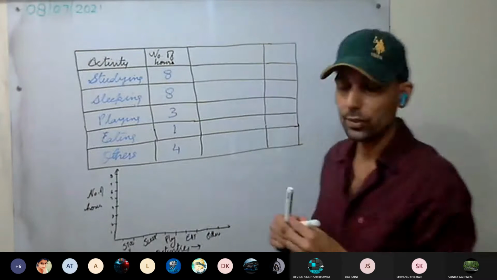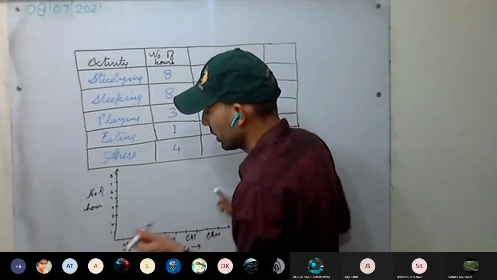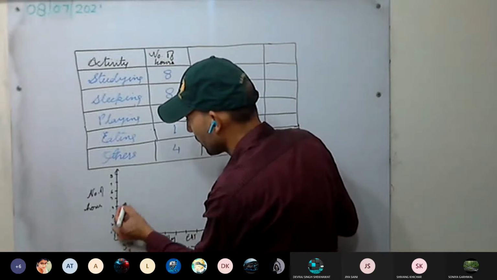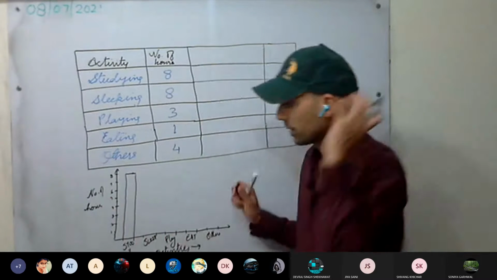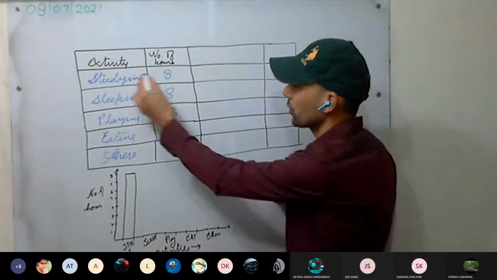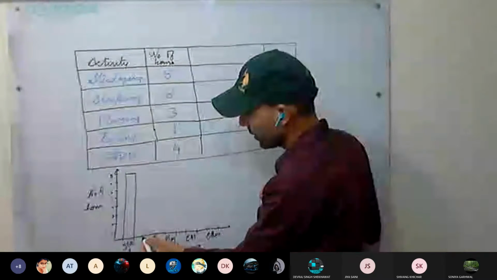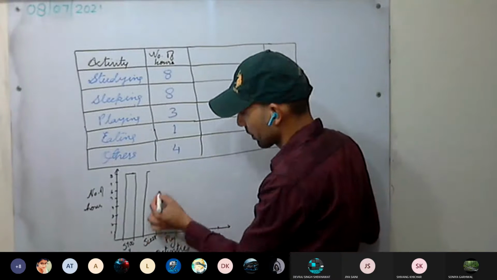Now bars you have to make. Studying how many? 8 hours. So make a rectangle bar of 8 hours. First bar of studying, second of sleeping, sleeping here of 8 hours, so it will be of the same height.